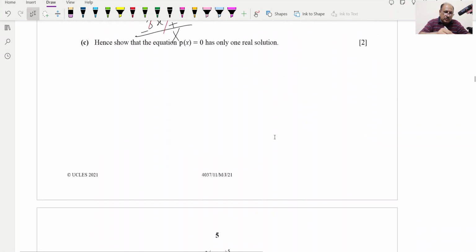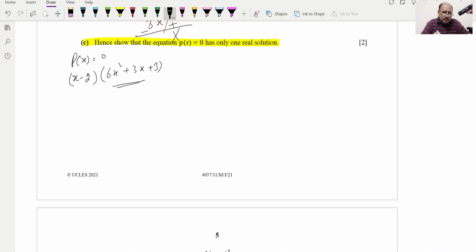Now they're saying, hence show that the equation p of x is equal to 0 has only one real solution. So p of x is equal to 0, and p of x is x minus 2 and 6x squared plus 3x plus 3. So these are basically the two factors, and q of x is equal to 6x squared plus 3x plus 3.